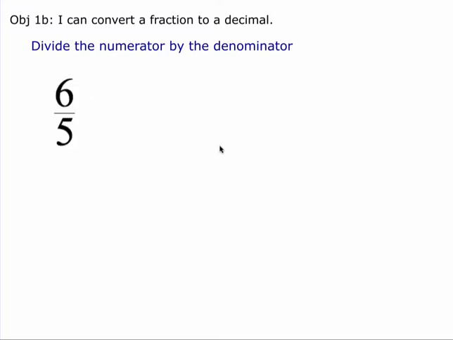Okay, so we did 5 over 6. Now let's do 6 over 5. And hopefully you see that it's going to go in at least once. So let's take our 6 and divide by 5. And it does go in there once.